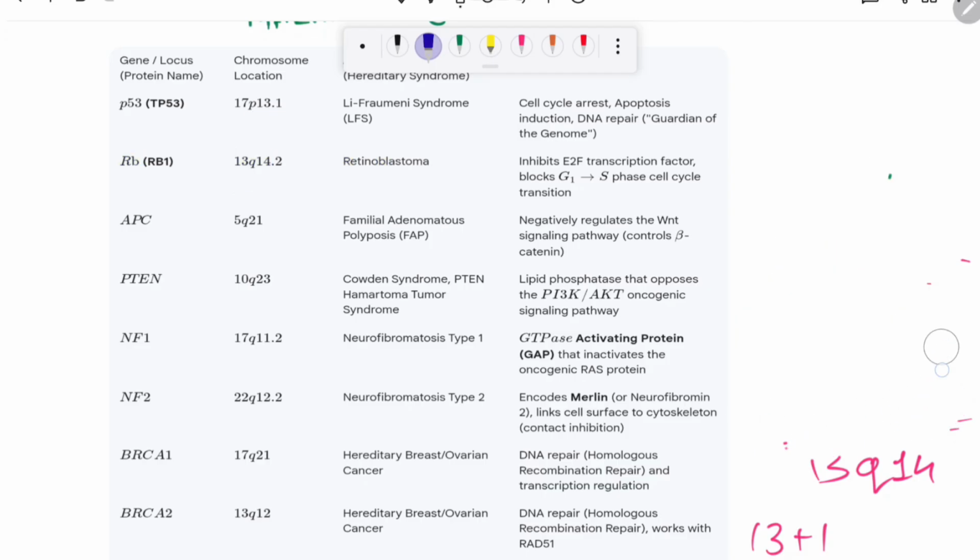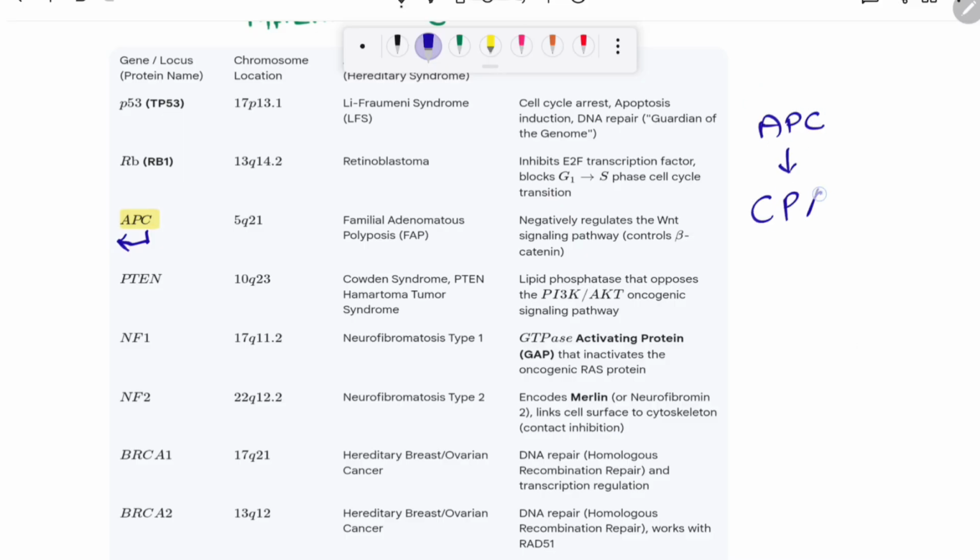Okay, the next gene in the row is APC. We have to study the mnemonic regarding APC. The trick here is that you have to go backward, starting from CAP, meaning cap. You can remember CAP or CPA, anything, but CAP is easy because cap and FAP rhyme.